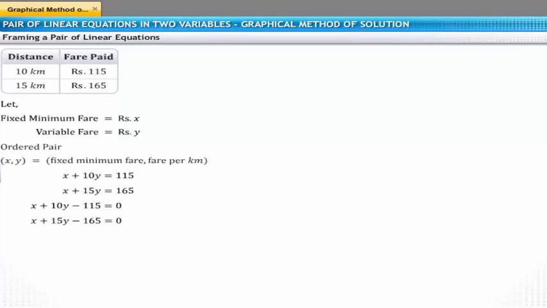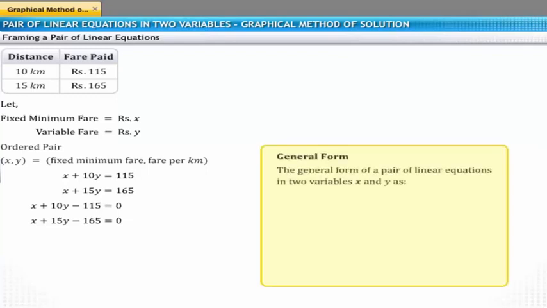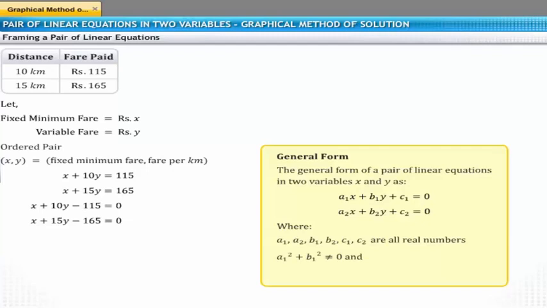Based on these equations, we can write the general form of a pair of linear equations in two variables as a1x + b1y + c1 = 0 and a2x + b2y + c2 = 0, where a1, a2, b1, b2, c1 and c2 are all real numbers, and a1² + b1² ≠ 0, and a2² + b2² ≠ 0.